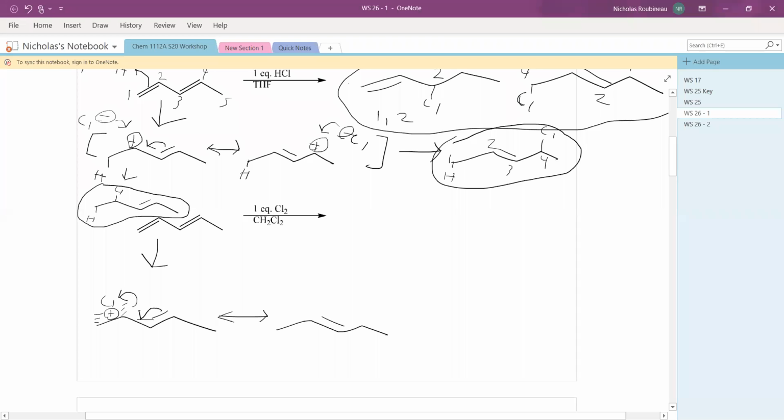So then I would draw this as a squiggly line. There's a positive charge here, and then the other chlorine would come and attack that. I'm going to erase that to save some space, but that would be the mechanism happening.